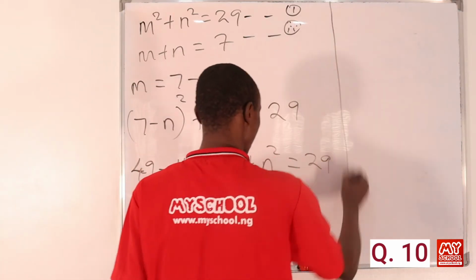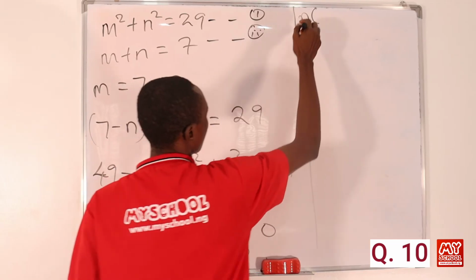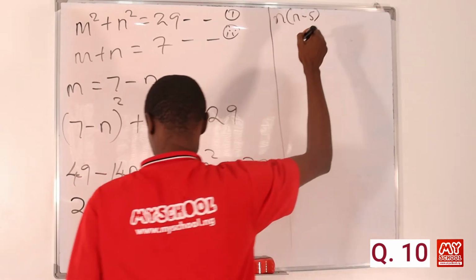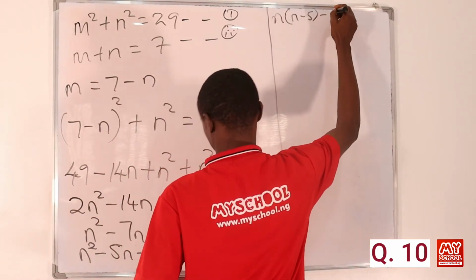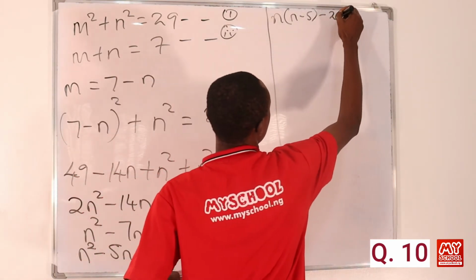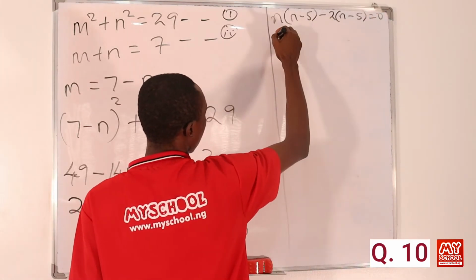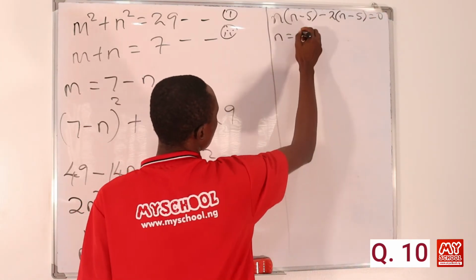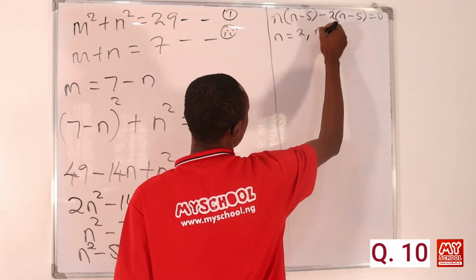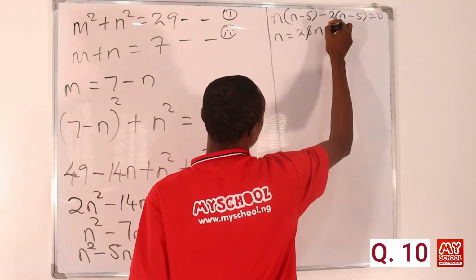Okay, so here we can expand out, so that n will come out, so we'll be having n(n minus 5), then minus 2 comes out in brackets, so that we'll be having (n minus 5), all equals 0, so that the values of n will be n equals 2 and n also equals 5.